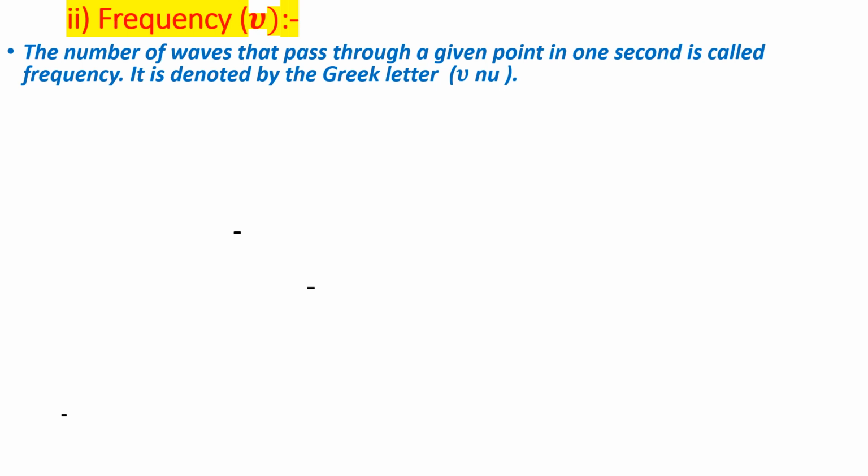Next one, second characteristic, that is frequency. The number of waves that pass through a given point in 1 second is called frequency. It is denoted by the Greek letter nu.